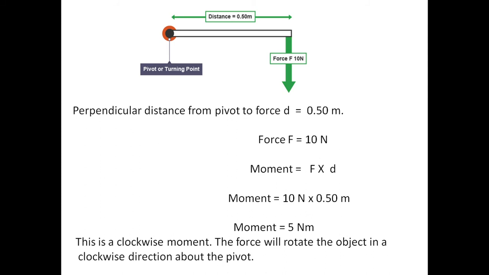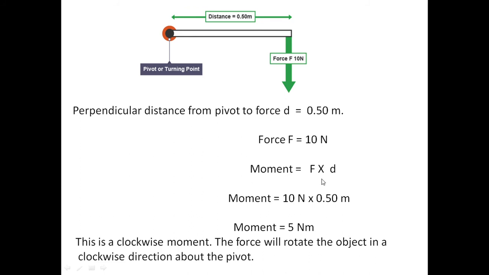Another example is shown here. Now you can see the pivot or the turning point, and distance is given as 0.5 meters, half meters. The force is 10 Newton. Perpendicular distance from pivot to the force D is 0.5 meters. Force is 10 Newton. Then what is the moment?